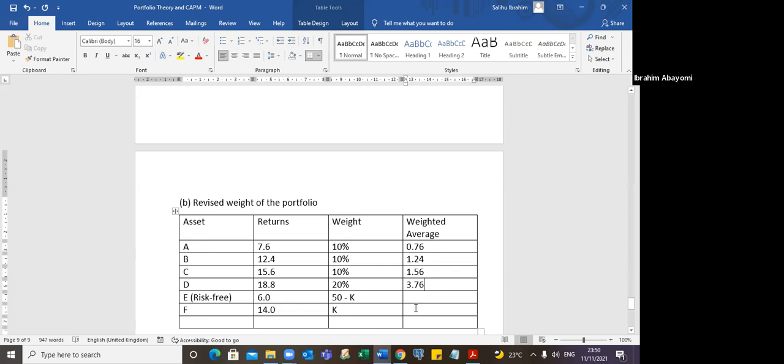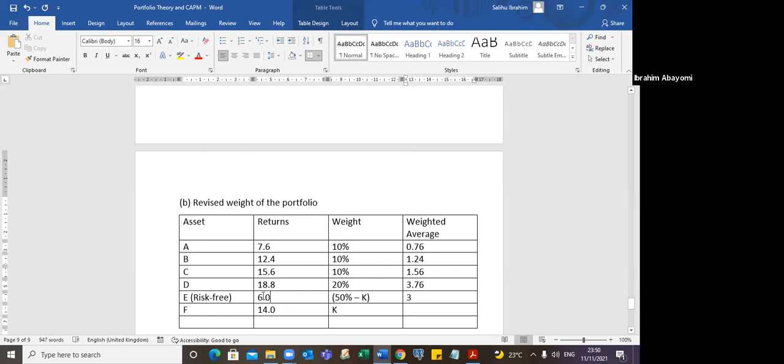Now, for this one, we are going to use this 6 to open the bracket. You now have 6 times 50%. Don't forget it's 50%, Abby. Let me put the percent so that it does not confuse. 6 times 50% is 0.5 times 6, which is 3.